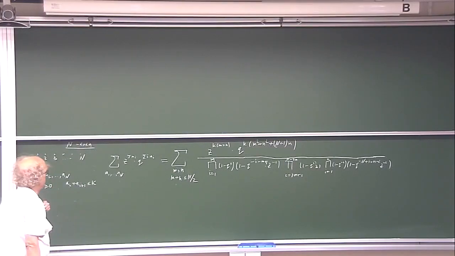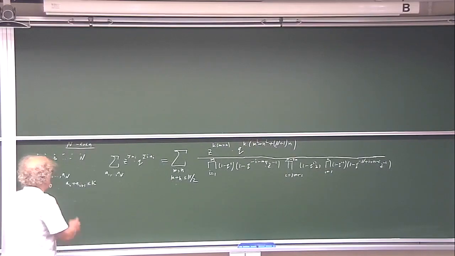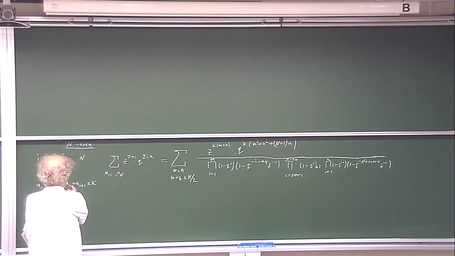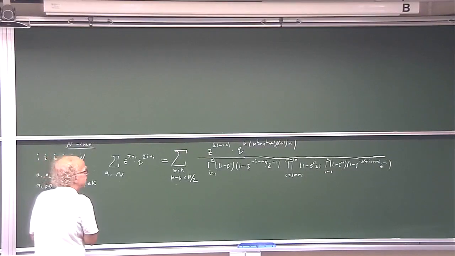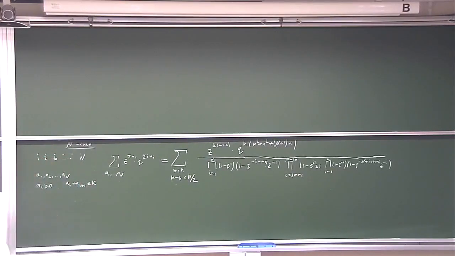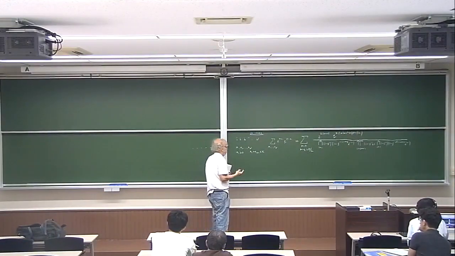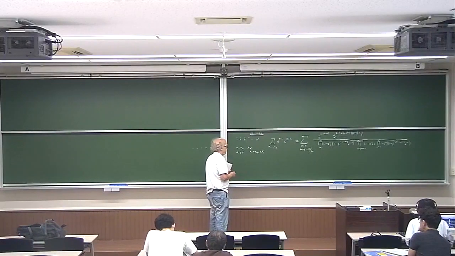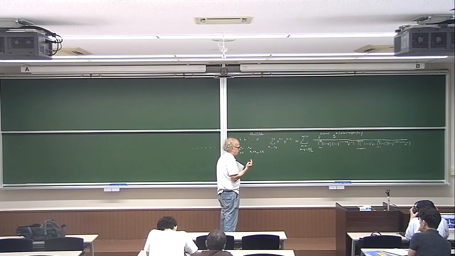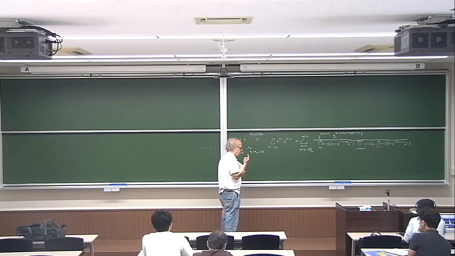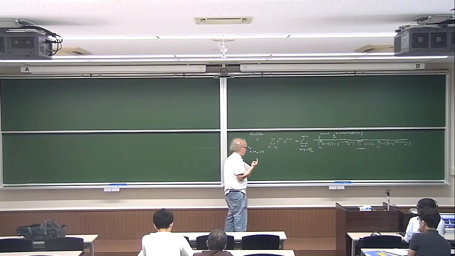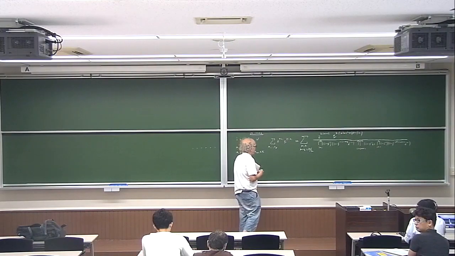But from the point of view of Brion, the ideology of Brion is the following: we have a polytope, we have vertices, and we can put a person on each vertex who calculates the character in the vicinity of this vertex, and then sum it up.